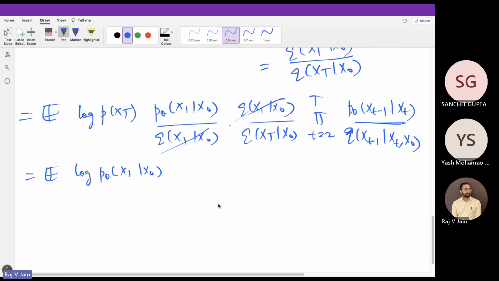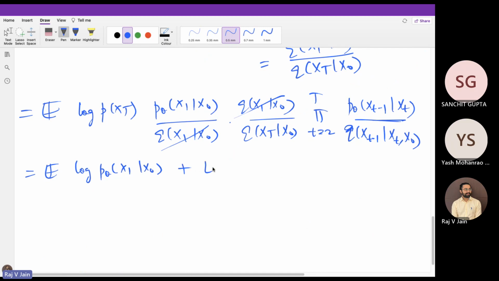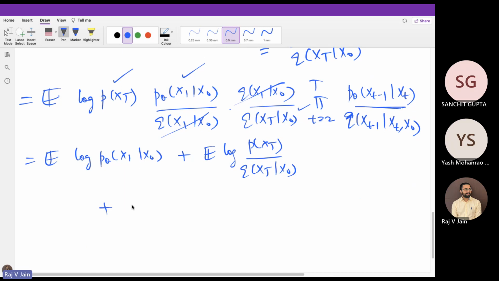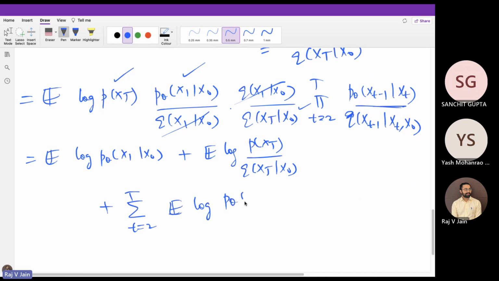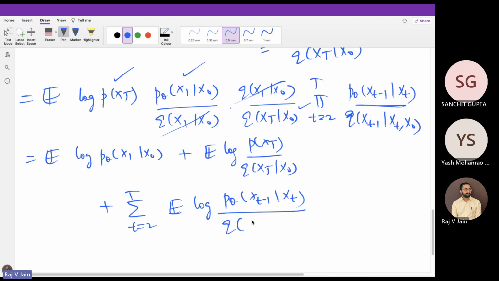So then plus expectation of log of p of xt over q of xt given x naught. These two terms, this term, this term, this term done. What remains is plus summation t equal to 2 to capital T expectation of log of p theta(xt minus 1 | xt) divided by q(xt minus 1 | xt, x naught).